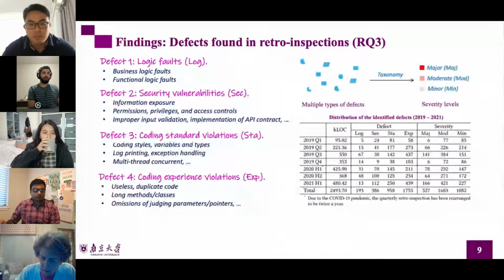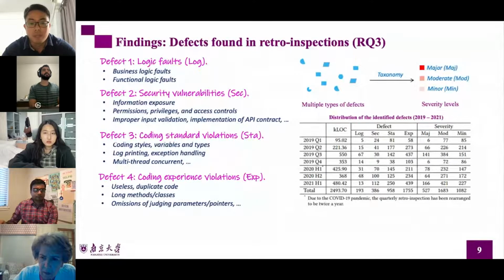For the third research question, we found that multiple software experts collaboratively examine the sampled projects in retro inspections, identifying a wide range of defects such as logic faults, security vulnerabilities, as well as violations of coding standards and coding experience.